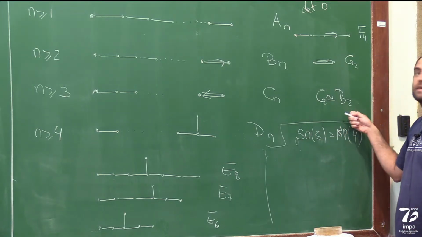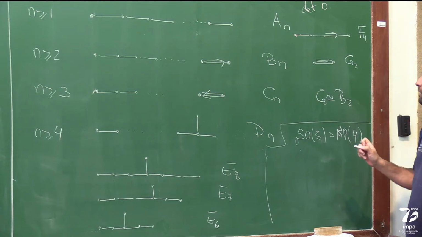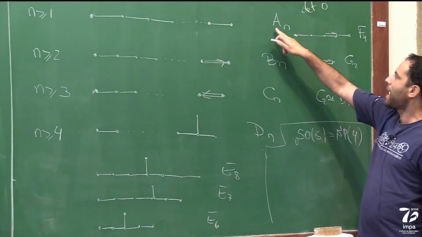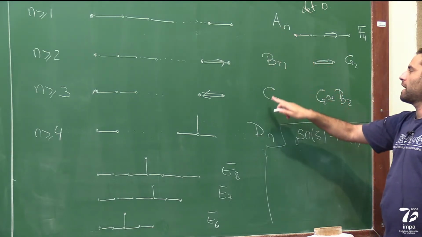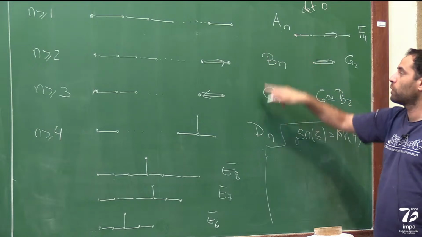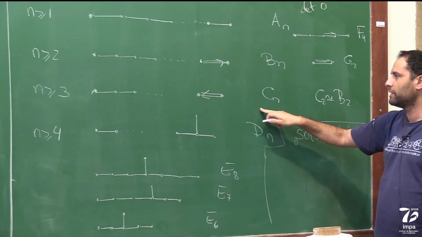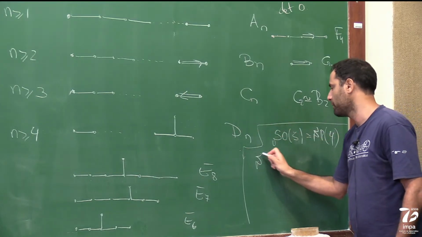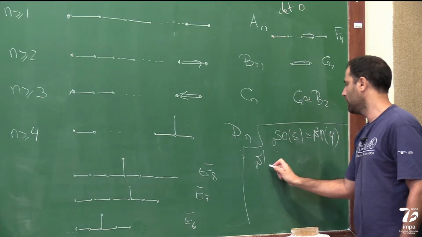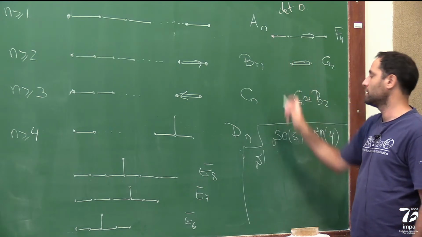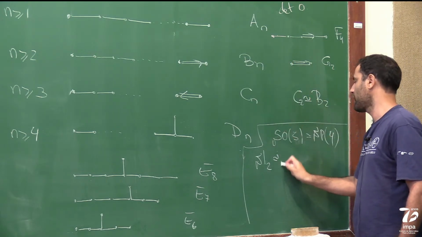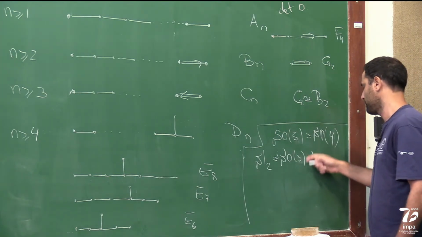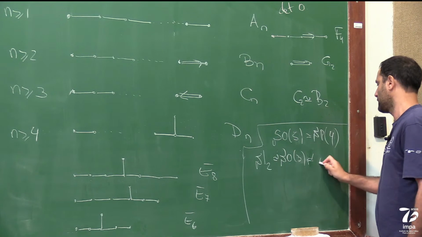So this is this isomorphism, and for the corresponding isomorphisms for An, Bn, and Cn, if you formally write what these root systems would be for n equal to 1, you will find the isomorphism between SL2, which is the same thing as SO3, which is the same thing as SP2.